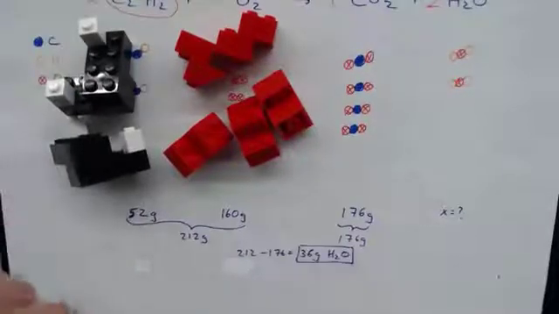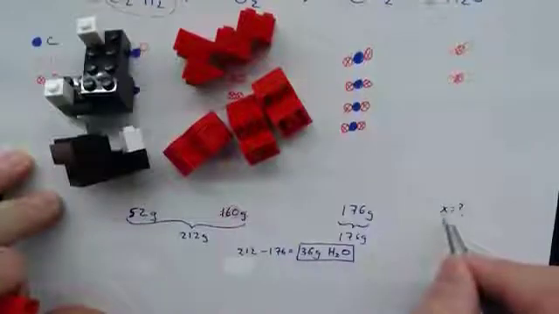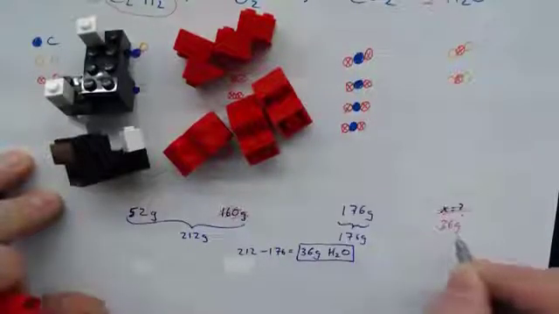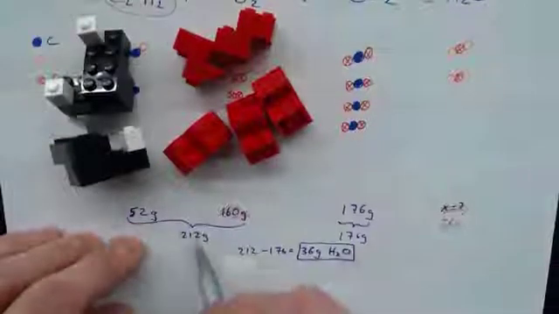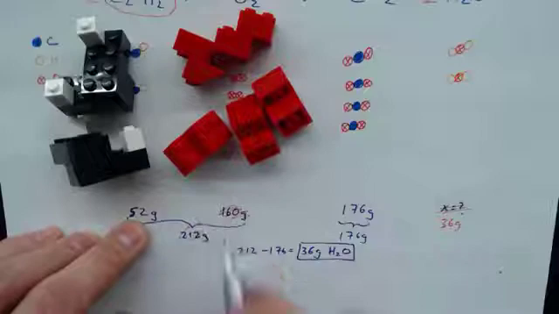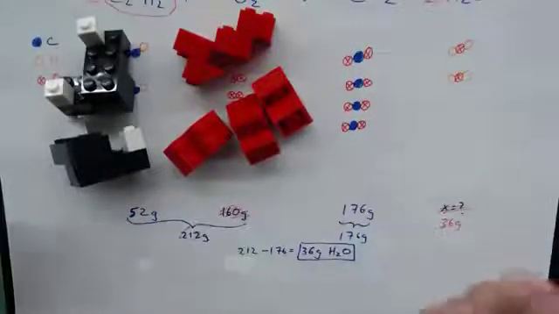I could give you the problem a different way. For example, I'm going to say, instead, I don't give you this number, but I say, oh, 36 grams of water were produced out of 52 grams of acetylene and some oxygen. How much oxygen did you need to make this much stuff? Same idea.